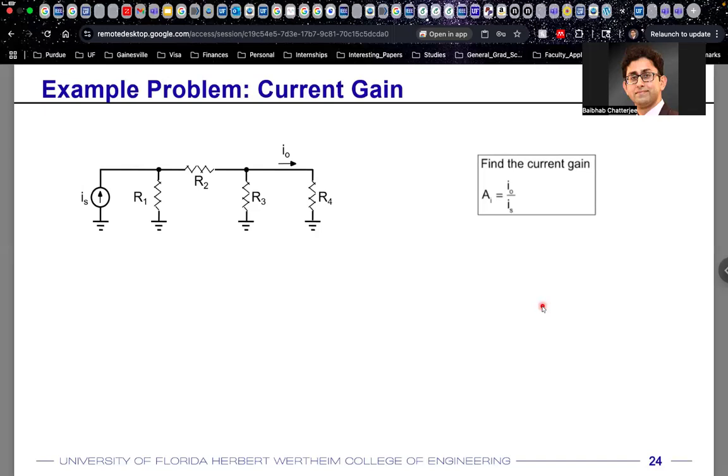So remember, depending on whether your output and input quantities are voltages or currents, you may have a voltage gain, which is voltage over voltage. You may have a current gain, which is current over current. You may have a transresistance or a transimpedance gain, which is voltage over current. And you may have a transconductance gain, which is current over voltage.